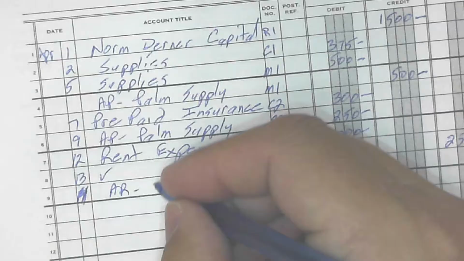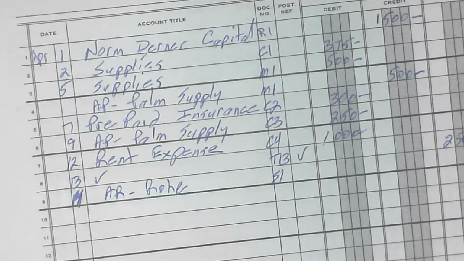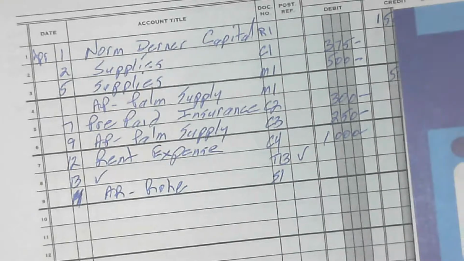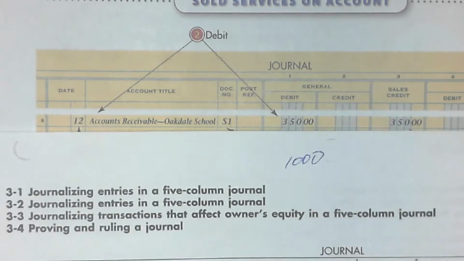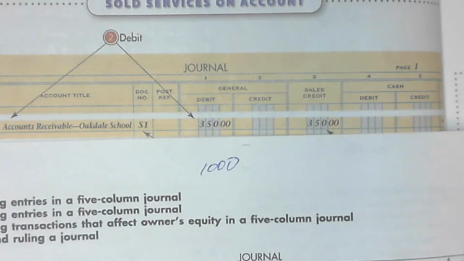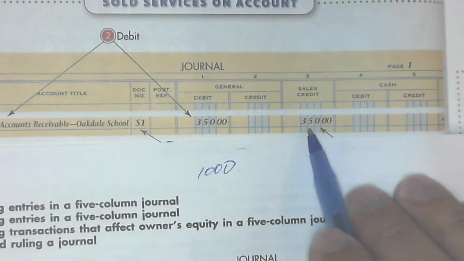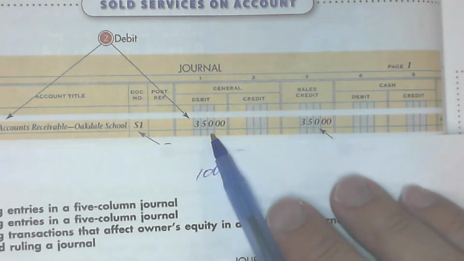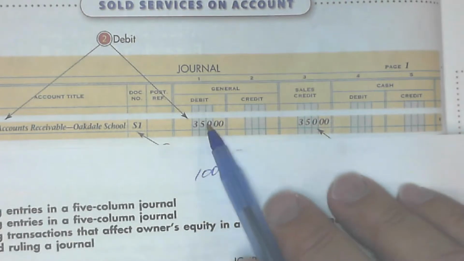Somebody named Rohe, R-O-H-E. It was $510. So once again, we're going to have a sales credit, but then we're also going to go ahead and put that in the general debit.